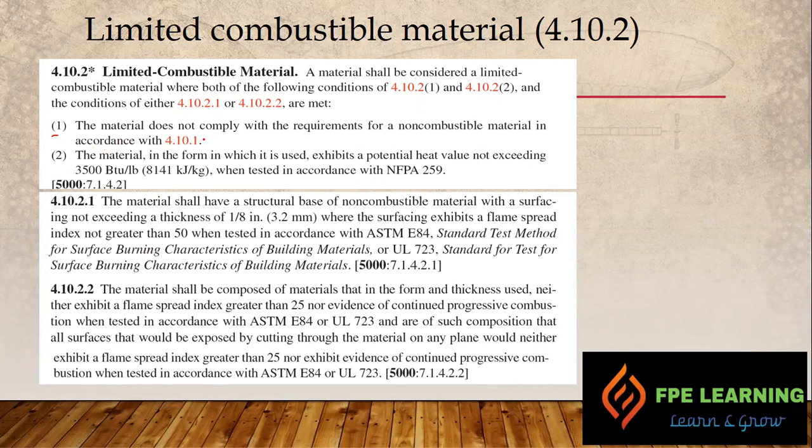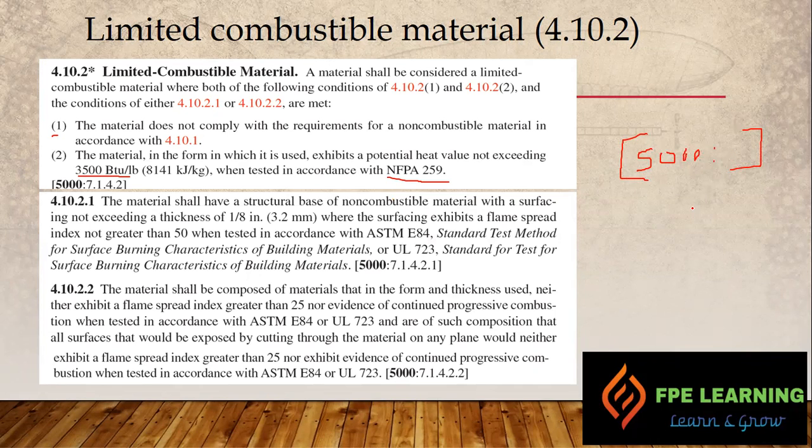And the material, in the form it is used, exhibits a potential heat value not exceeding 3500 British thermal units per pound or 8141 kilojoules per kilogram when tested as per NFPA 259, right? So these are the points taken from NFPA 5000 section 7.1.4.2. If you find something like this in brackets with some code, it means this material is taken from some other NFPA code, right?